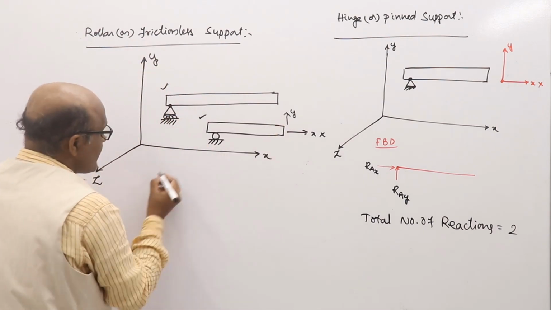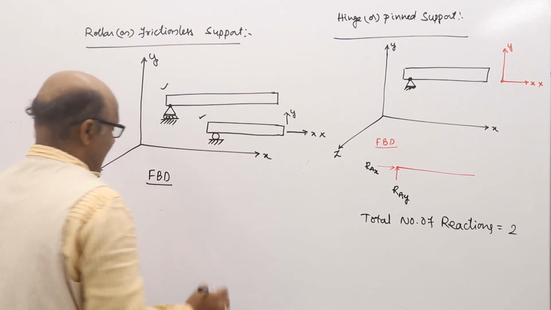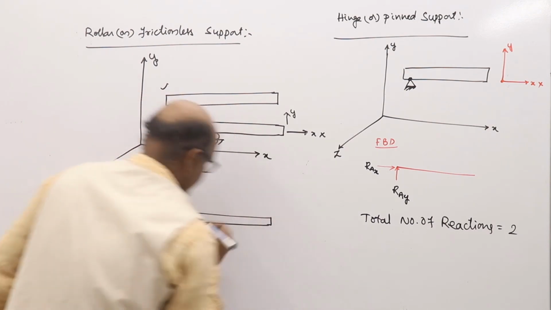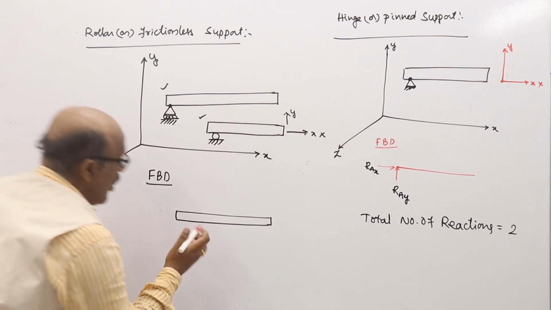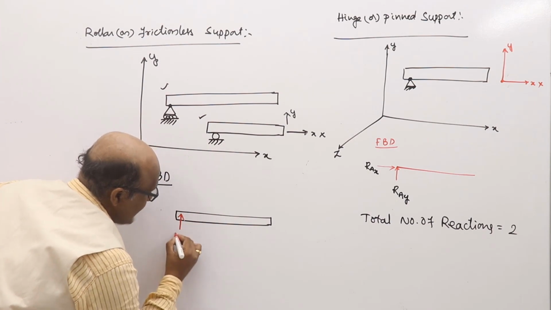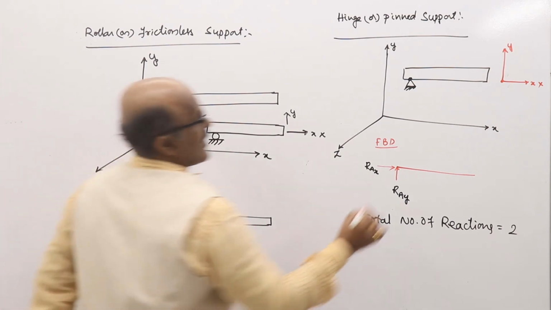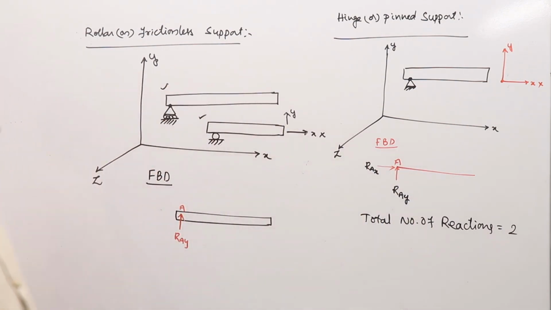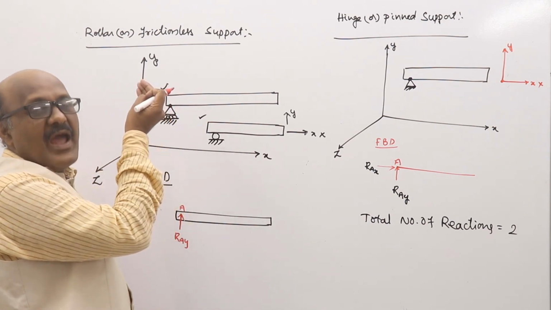See, we are drawing the free body diagram, my dear students. Here is a free body diagram. Now this is a beam, but only one reaction. Only one reaction is here, that is RAY, because this is a point. This is a point, here also a point. This is RX, RY. Motion is prevented in the y direction.